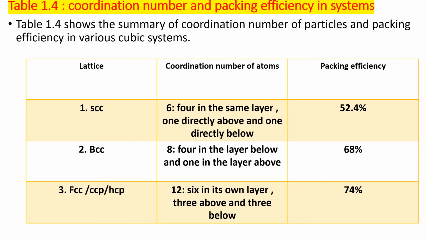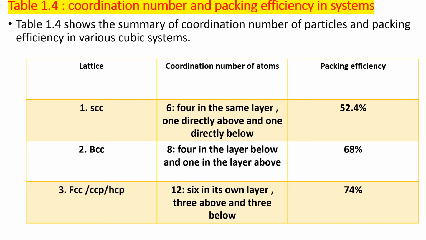That simple table you have to observe: first is also SCC, BCC, and FCC. The second column is the coordination number of atoms, and the third column is packing efficiency. First, SCC has 6 coordination number: 4 in the same layer, 1 directly above and 1 directly below.